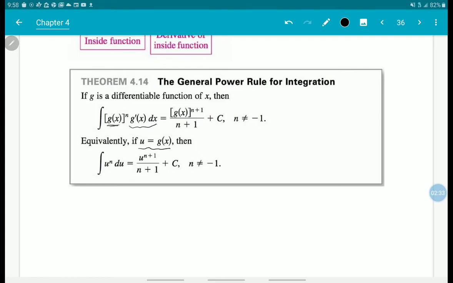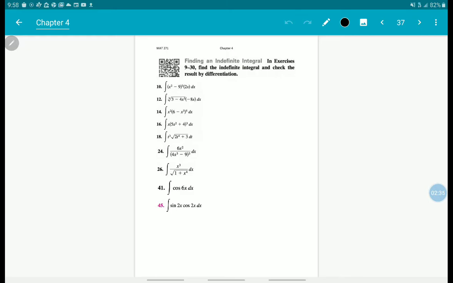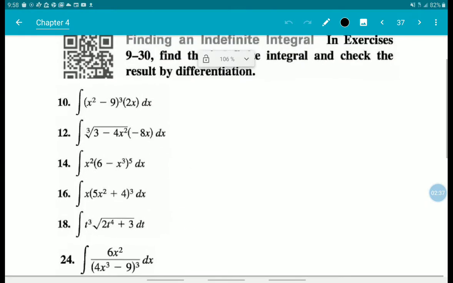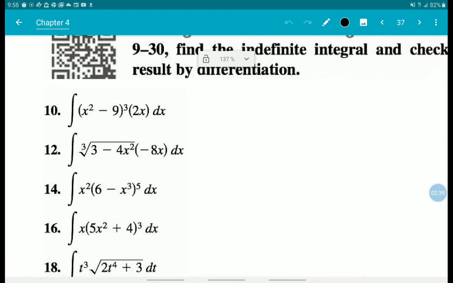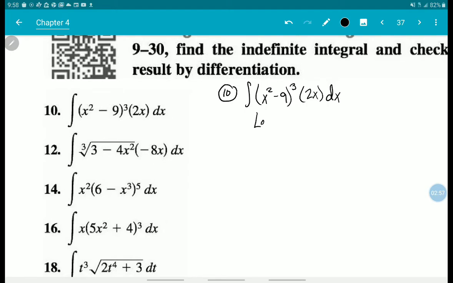So let's take all this theory and let's put it into practice. Let's do a few. So in number 10, we are integrating x squared minus 9 to the third times 2x dx. You really have to think about what your u is. So we're going to let u be that inside function.